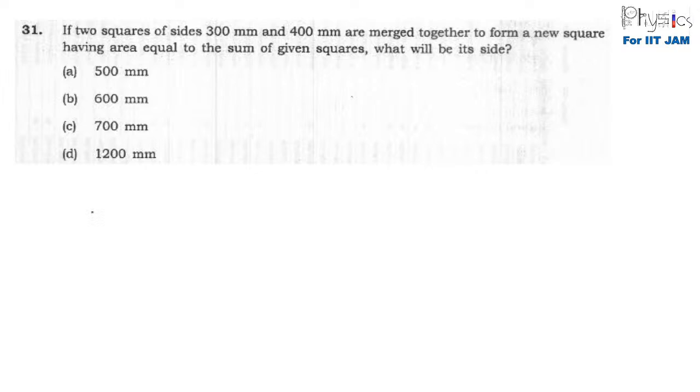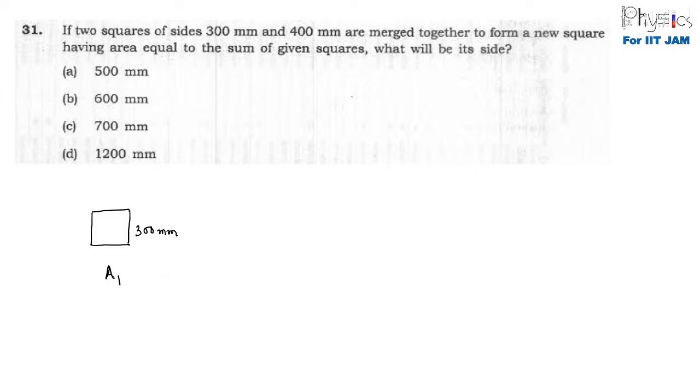See, we have two squares. This square, suppose its area is A1, and its side is 300 millimeter.